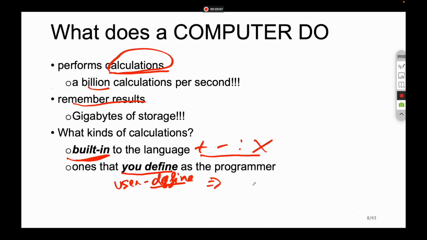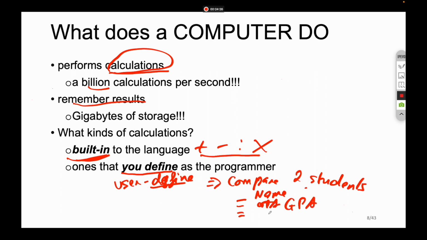For example, you want to write a program to compare two students in your own school. Actually, the computer doesn't know how to compare, because one student has multiple kinds of information: name, GPA, age.